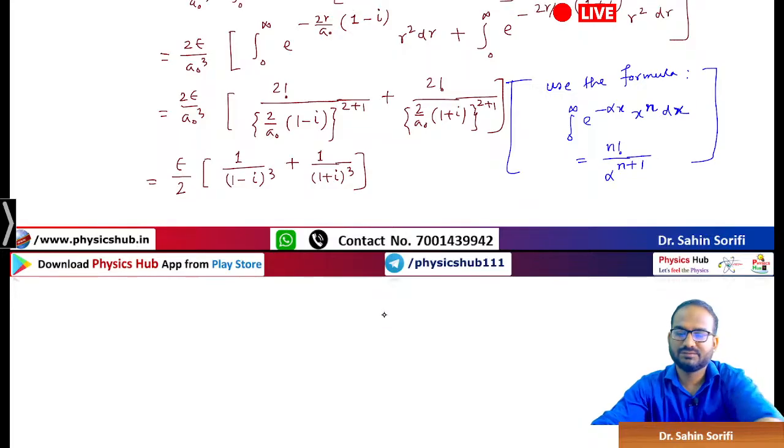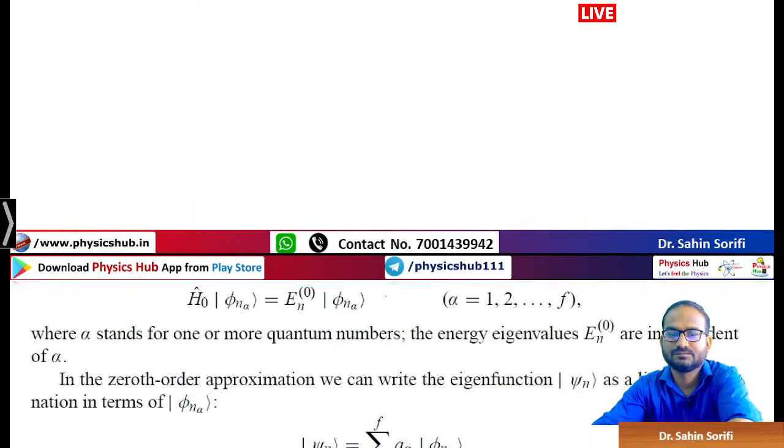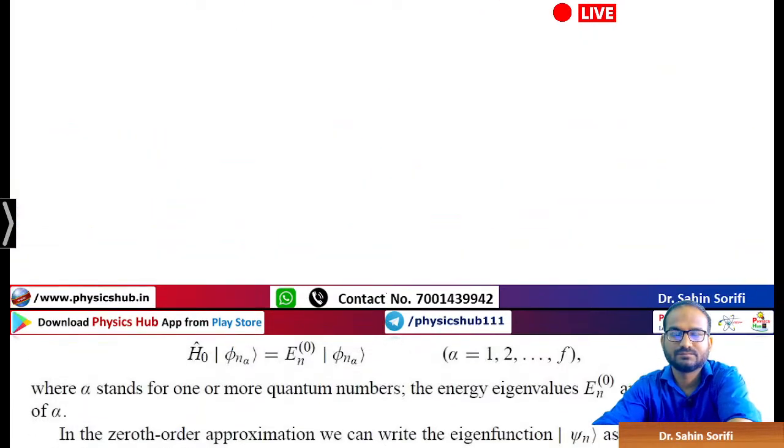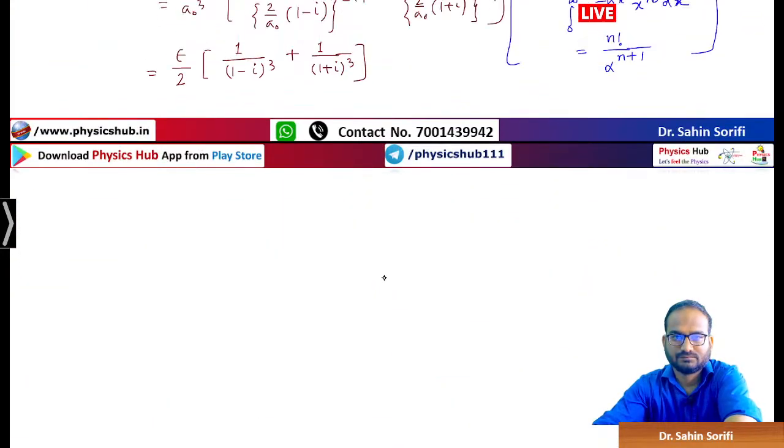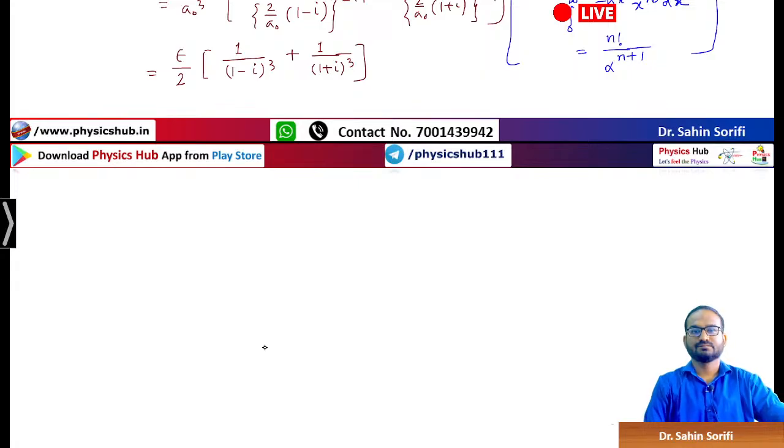So what is this value equal to? You can write it this way: epsilon by 2, 1 by (1 minus i) into (1 minus i) whole square. So what is (1 minus i) whole square?